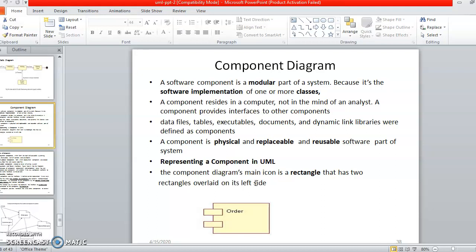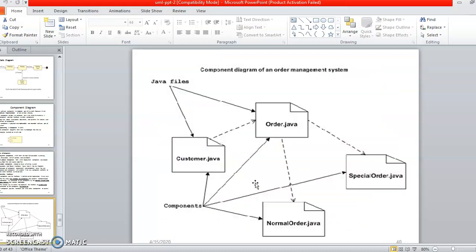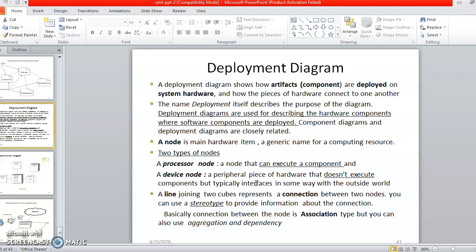Data files, tables, executables, documents, dynamic link libraries are defined as components. This figure shows components. The component diagram's main icon is a rectangle that has two small rectangles overlaid on its left side. Types of components are there, and this figure shows the component diagram structure.